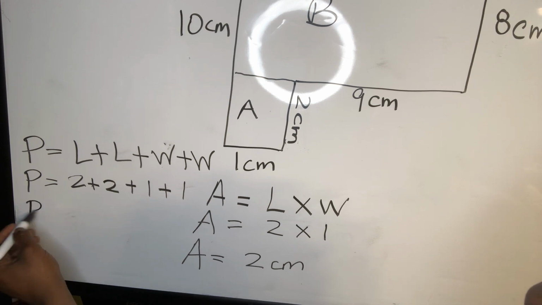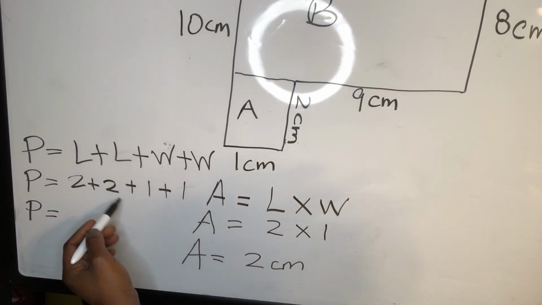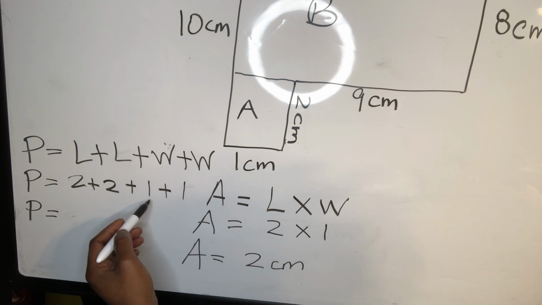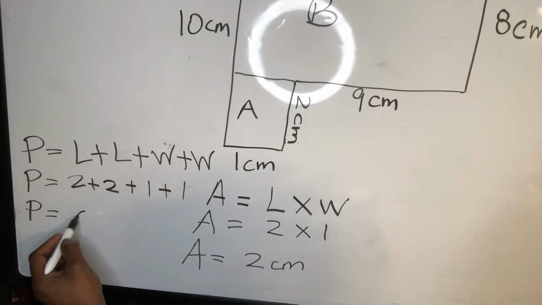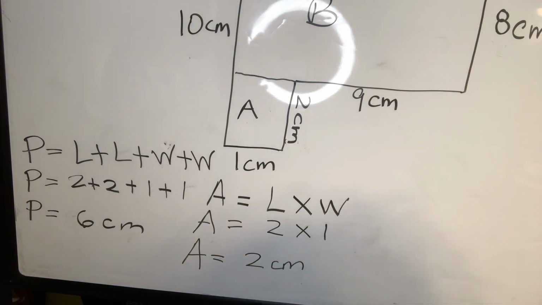Then we're going to do that math. 2 plus 2 is 4. 4 plus 1 is 5. 5 plus 1 is 6. So our perimeter is 6 centimeters.